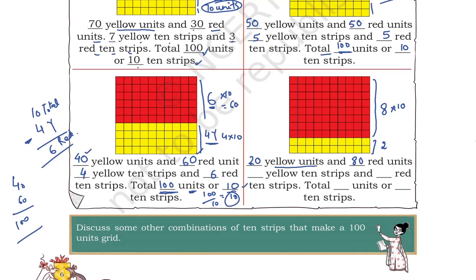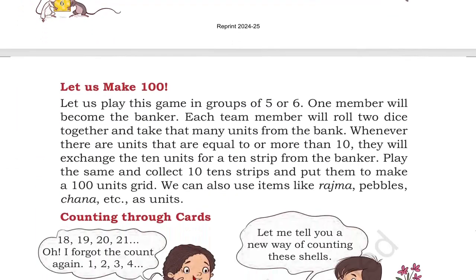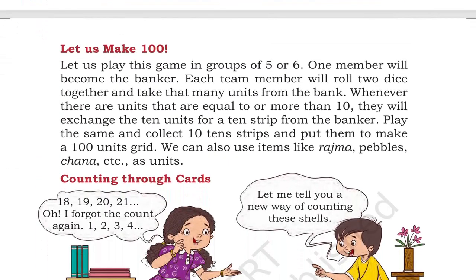Yellow 10 stripes are 2, red 10 stripes are 8, total units are 100, or total of how many 10 stripes? Total of 10 stripes. Very nice. Moving along very, very well. Let us make 100. Okay.